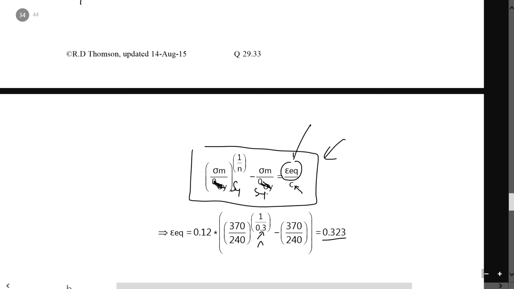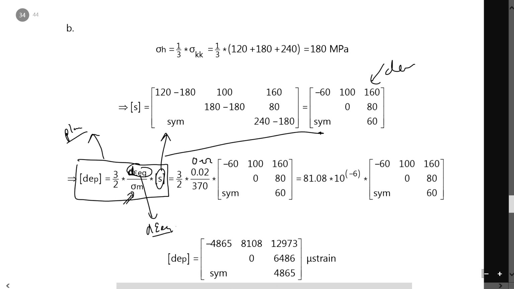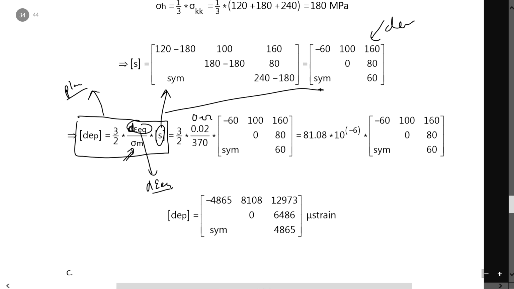Epsilon EQ itself is just the equivalent strain, some strain, and the increment talks about the changes across certain time, or certain changes with other stresses. Therefore you need to take note of the language they use. This is a good question to do. Just simply rearrange and things like that. You should get this thing over here.